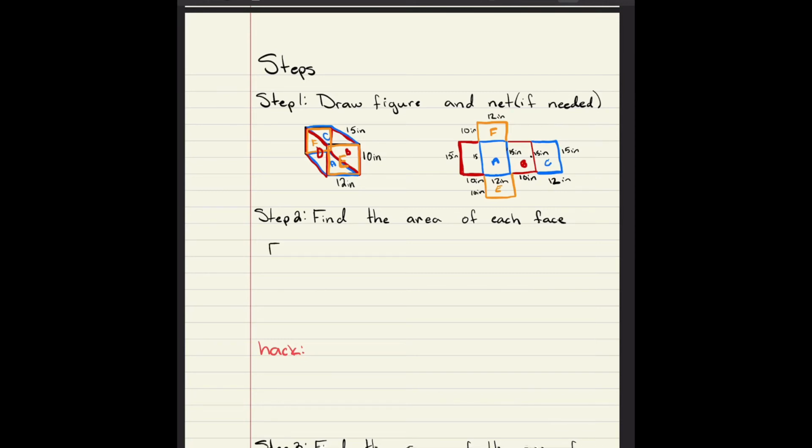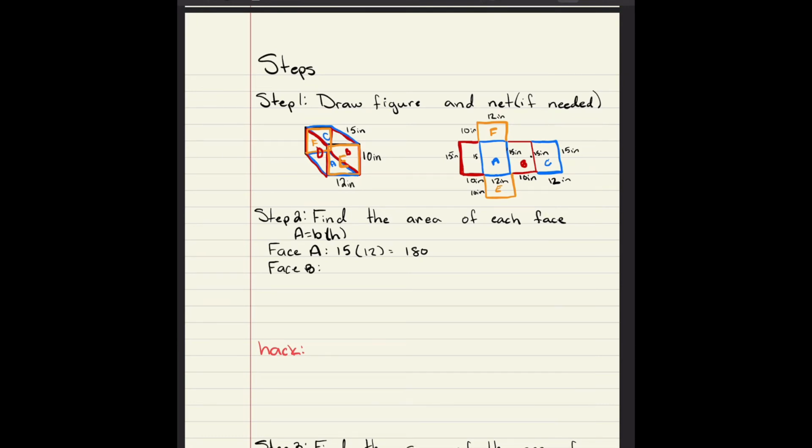Next, step 2 is to find the area of each face. Since all these are parallelograms, it's A equals base times height. So face A was 15 times 12, which gave us 180.